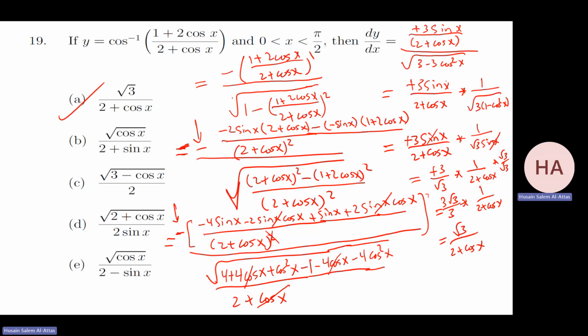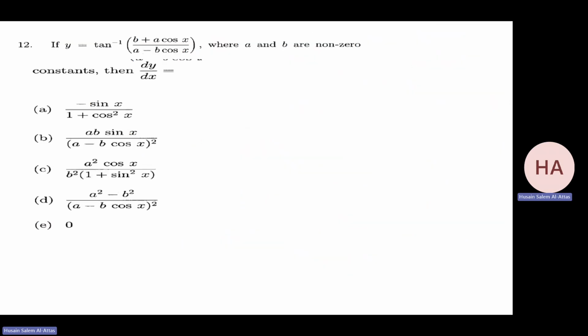Not difficult, but lengthy. This is more complicated. Not difficult, but calculation. Yeah. Let me see what will happen.